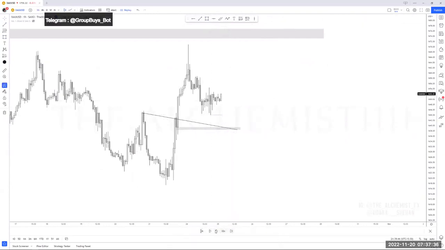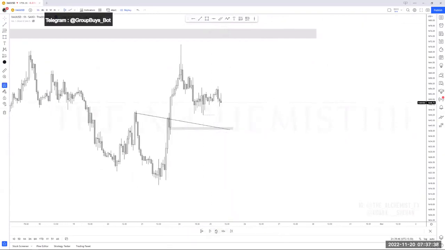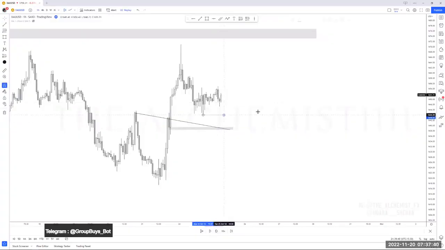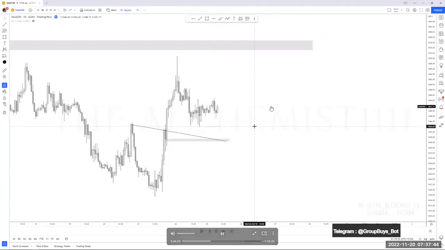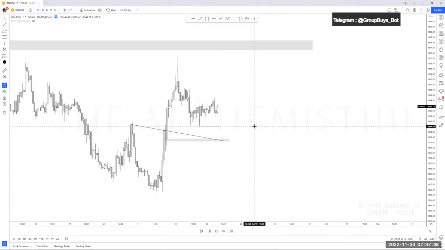Let's talk about timing, even with Malaysian SNR. For timing, I will be using the 4-hour candle open and closing times, because with every single 4-hour candle open and closing time, momentum kicks in.